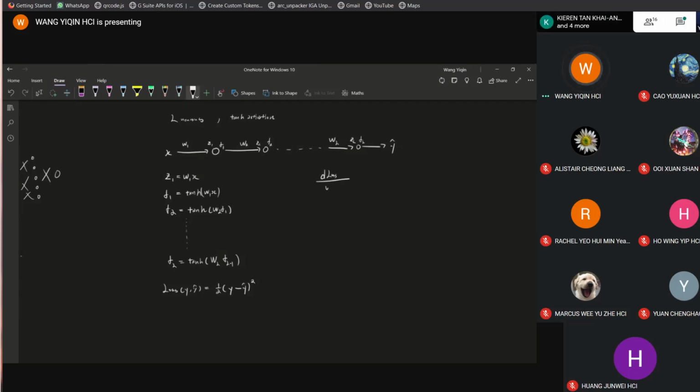So let's say we want to start from the front. We want to update the first weight. To update the first weight, you need the derivative of the loss with respect to the weight itself, and you can express this as df1 dw1 multiplied by d loss over df1. So we actually know how to calculate the first part. This is very straightforward.